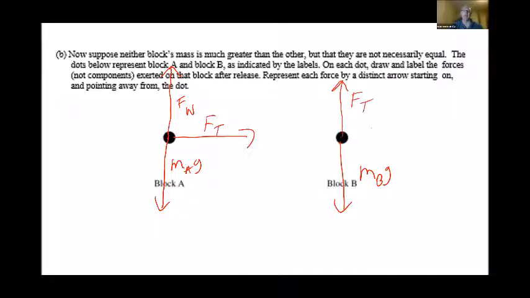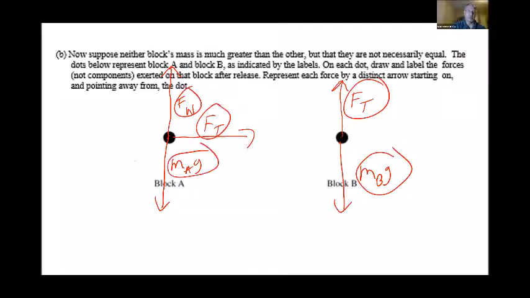Maybe something like that. And that's it. Notice that my arrow started at the dot and pointed away from the dot. And also, you got to make sure you label everything. You got to label those forces. If you do that, you're going to get the point.